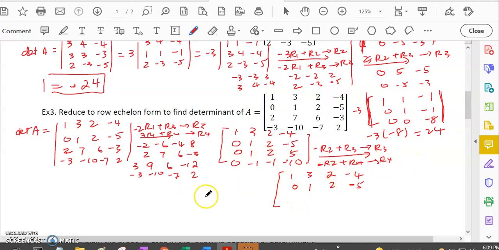Negative 1, so 0, negative 1, negative 2, 5. Add to 1, 2, 5. Right? So I have 0, 0, 0, 10.